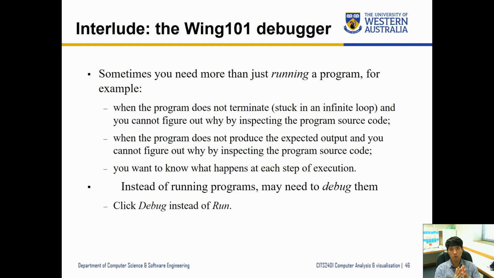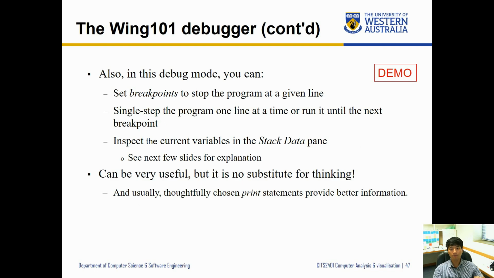So we need to know what's actually happening to the values that we have assigned. Okay, so instead of running the program, we can debug the program to follow how those variable values are updating, and whether those are updating as we expect. Okay, so let's do the debugging with our Wing.